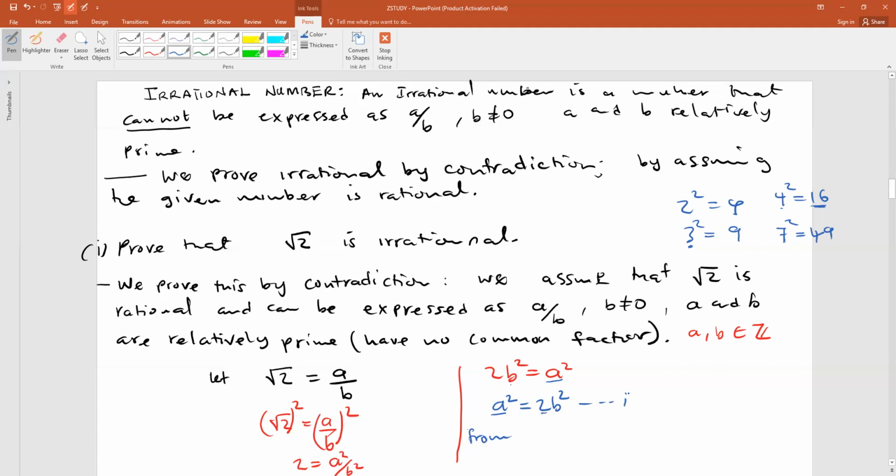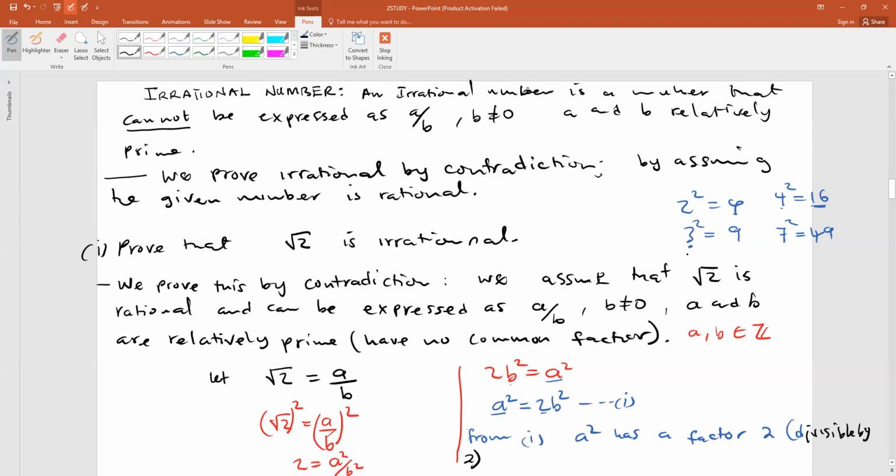Let's call this one equation 1. a squared has a factor 2, or is divisible by 2. The good term is divisible, but for your easier understanding, you can say it has a factor 2. When a number is divisible by a certain number, it means that number is a factor of that number.